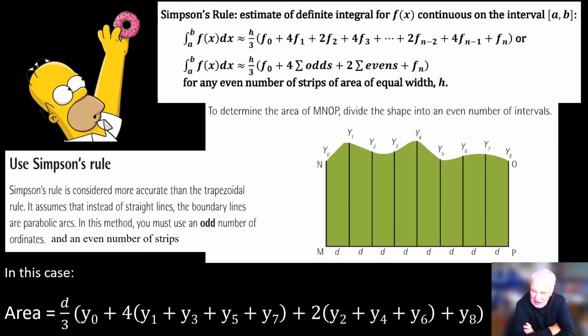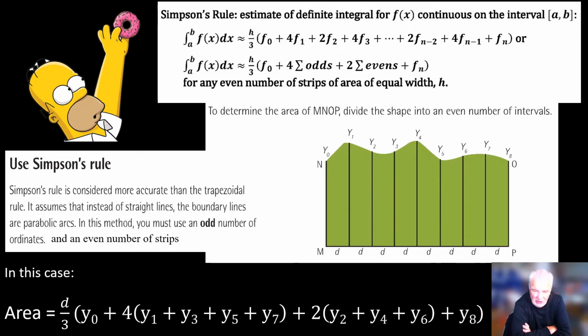So we put the highest value, the value most on the right hand side, on the left hand side, b and a, and then we take h over 3. H is still the same as previous, so you can work that out. It's b minus a over n, and then we go f of 0, 1, 2, 3 through to f of n.